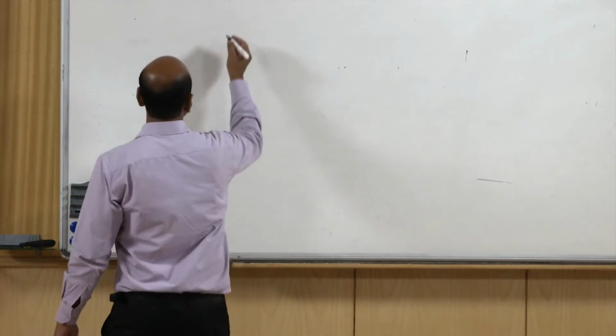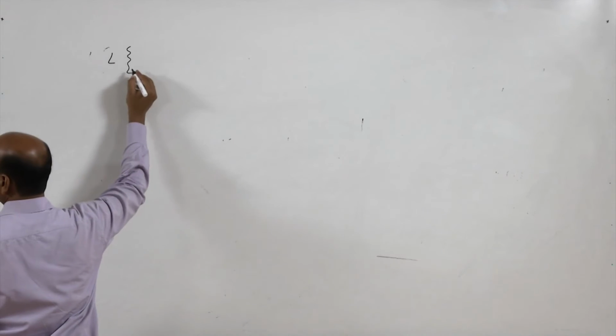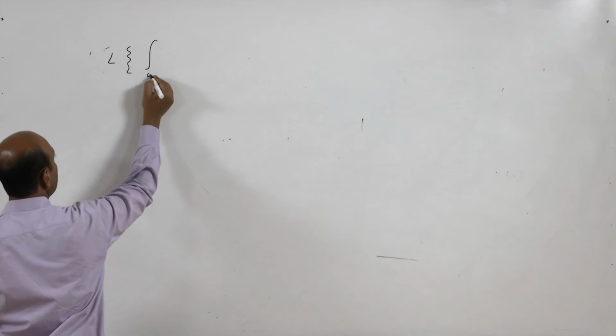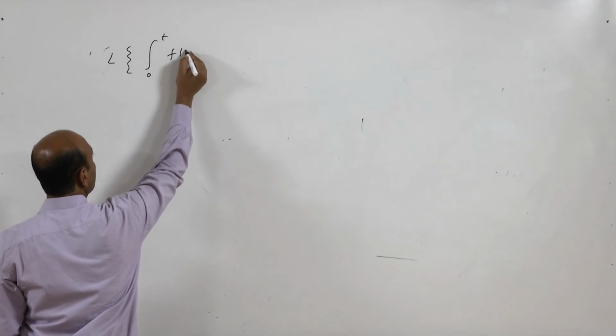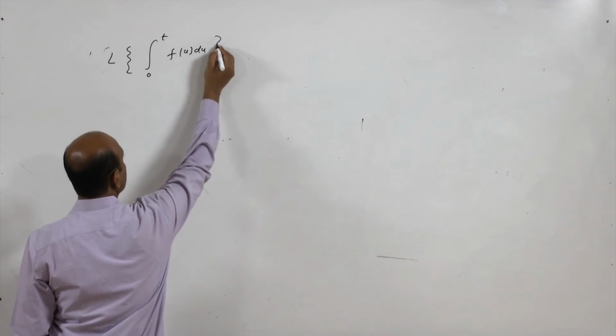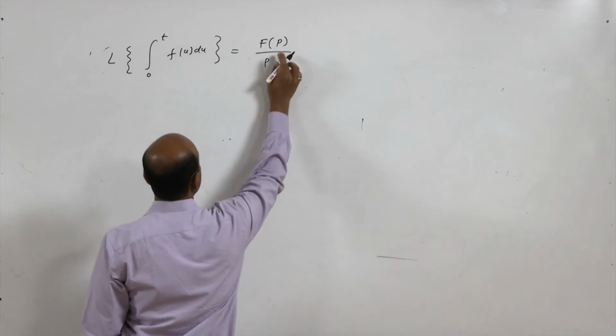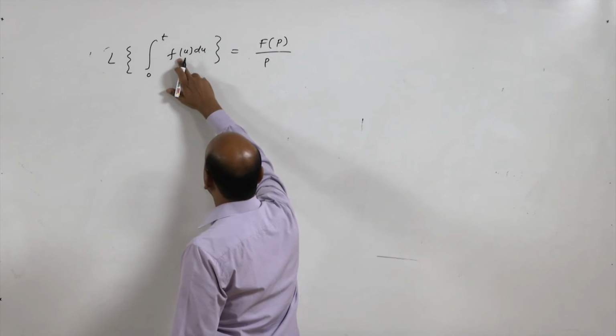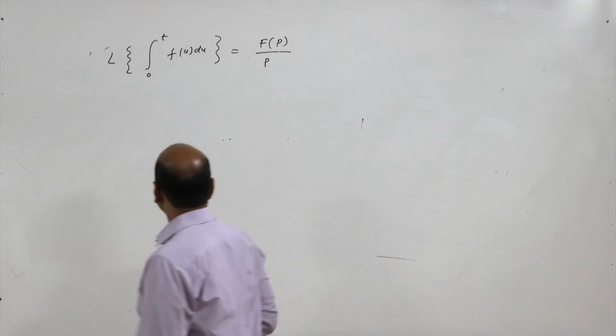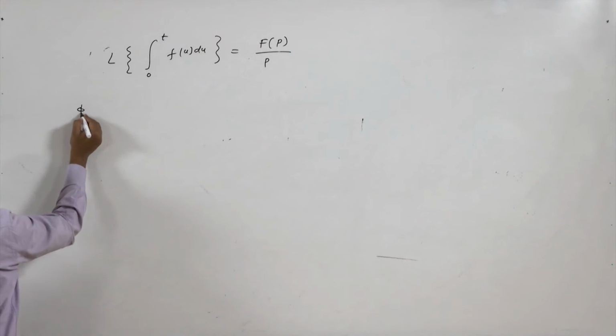So, how to prove this property? Laplace transform of integral 0 to t f(u) du is nothing but F(p) by p. This F(p) is nothing but Laplace transform of this f. So, the proof is simple.